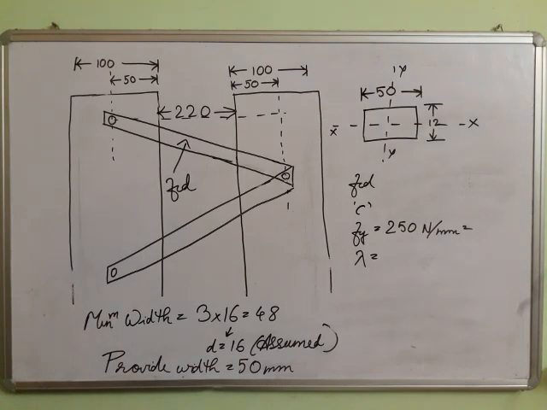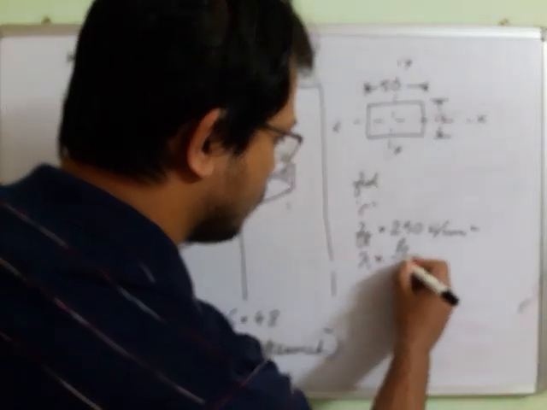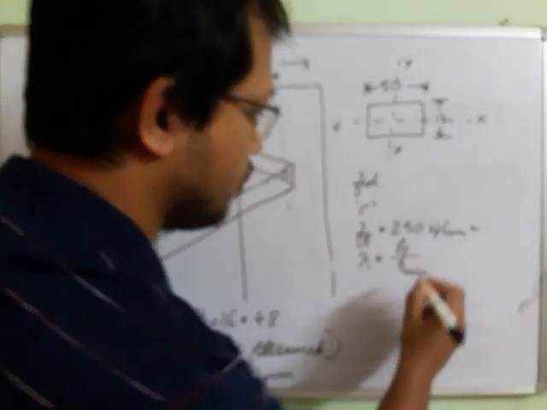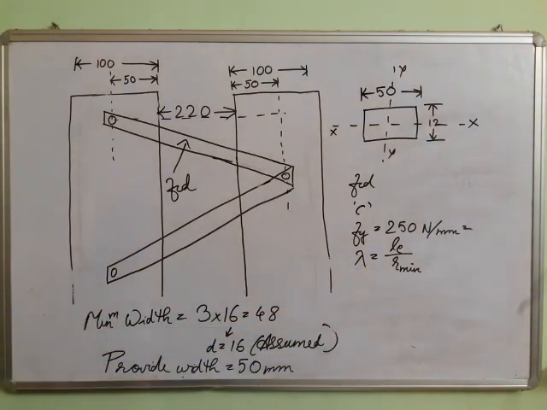So let us find out the slenderness ratio. For slenderness ratio, what is the formula? LE by r minimum. Effective length we already know. Okay, so both ends pinned means what?